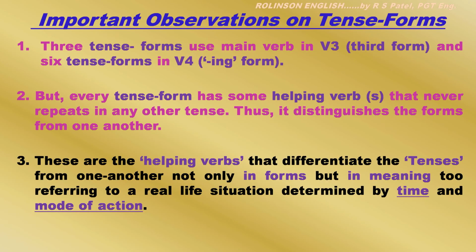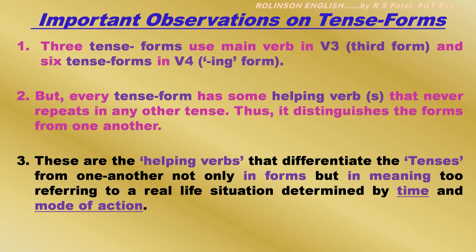First observation: 3 tense forms use main verb in third form. That is, 3 perfect tenses use third form as their main verb, and 6 other tenses use ing form as their main verb. I mean to say that 3 continuous tenses and 3 perfect continuous tenses take ing form as their main verb.